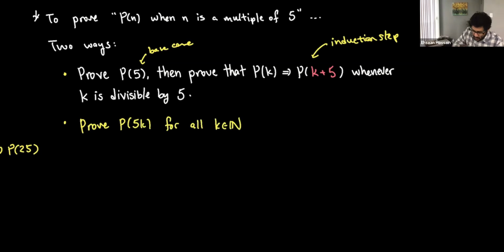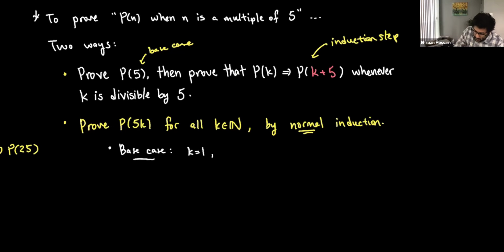And use normal induction. By normal induction. Right? I think this way is actually better, because what's the base case now? It's still the same. It's k equals 1.